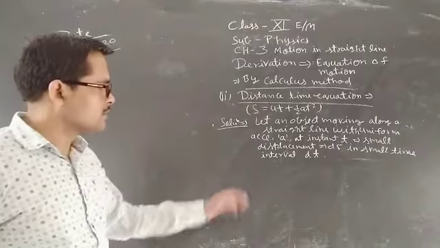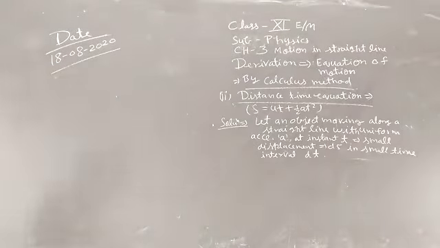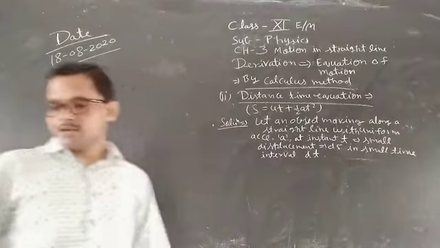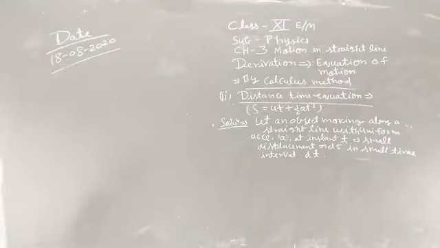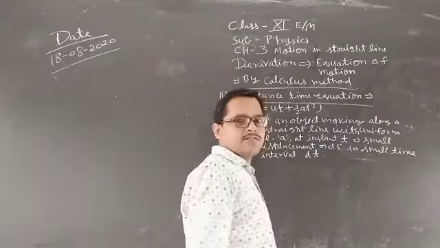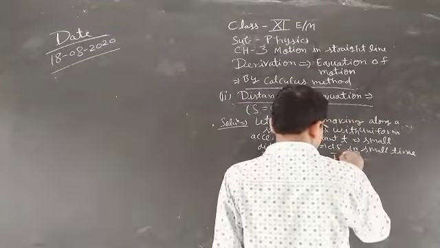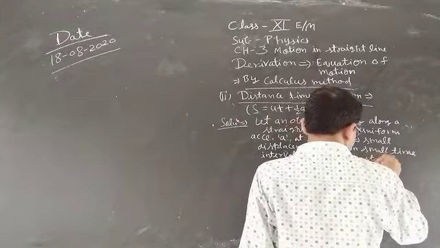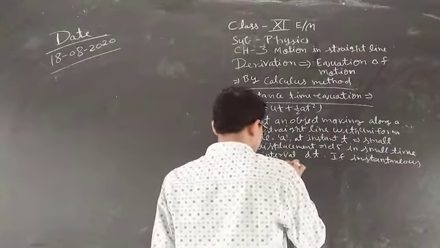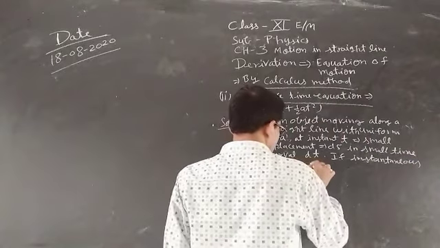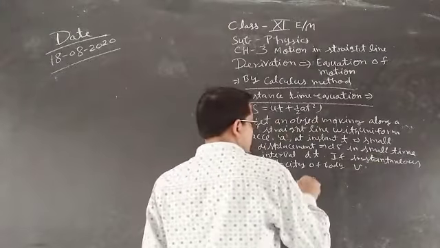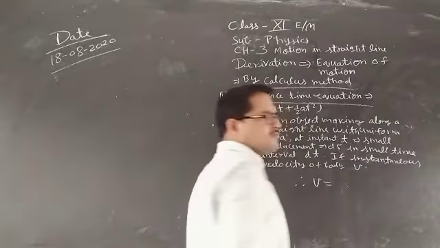Students, here the equation is that of velocity. First we will consider instantaneous velocity. Let the instantaneous velocity of the body be v. What is instantaneous velocity?